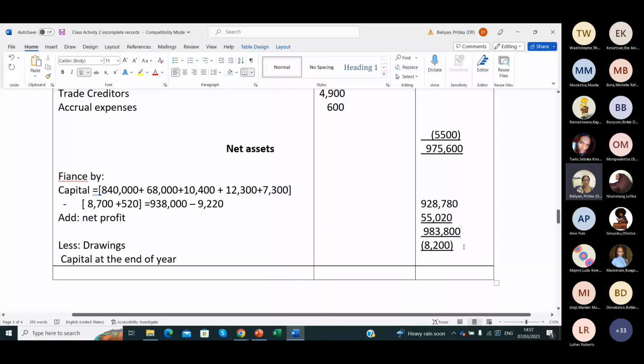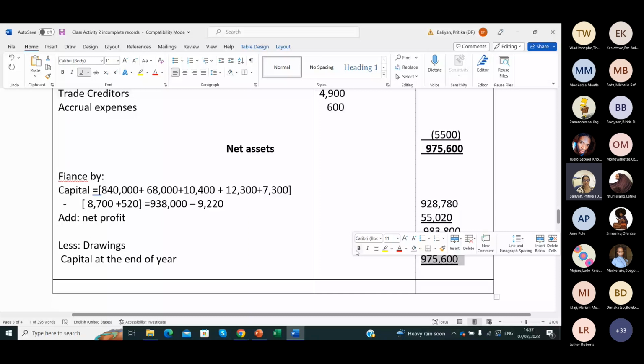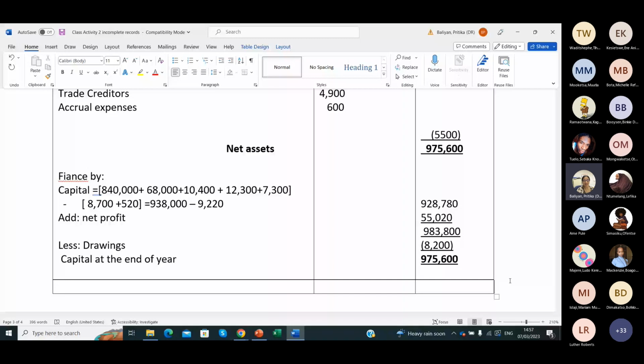Now it's 975,600. So you can see that the value of net asset is equal to the closing capital, which is also 975,600. So that's how we prepare the accounts from incomplete records by using the complete record method.